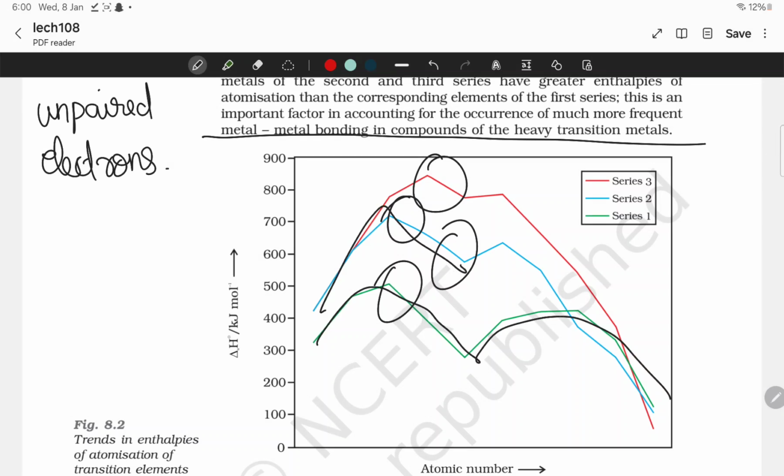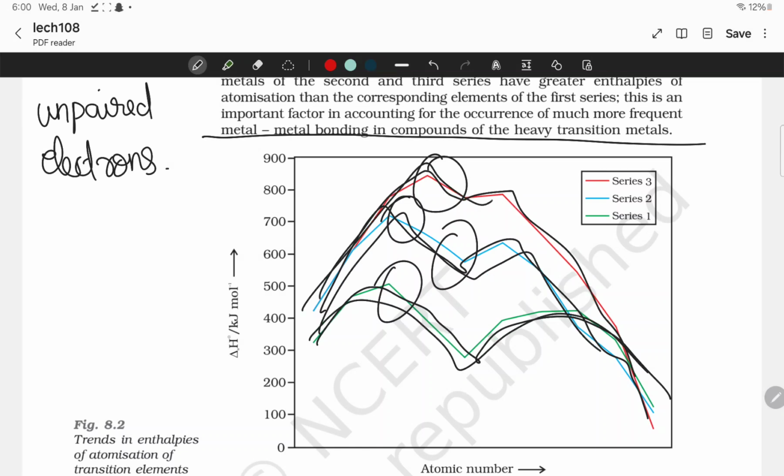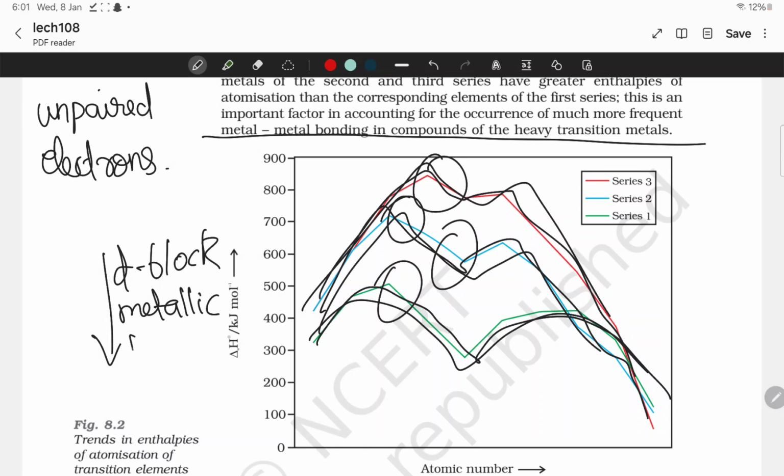Second series atomization enthalpy is once again increasing. Third series it is the most. So as the series increases, atomization enthalpy increases. So as we go down the d block, the strength of metallic bonding increases. Okay, this is told.